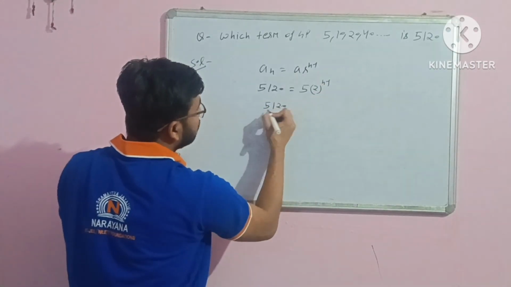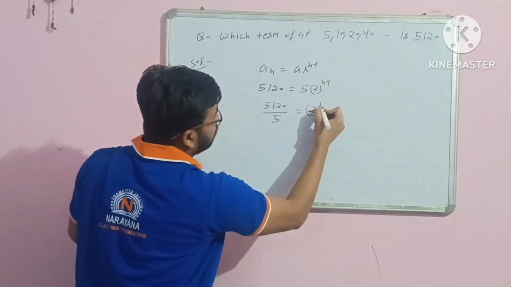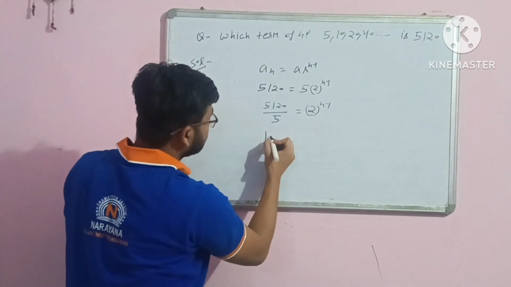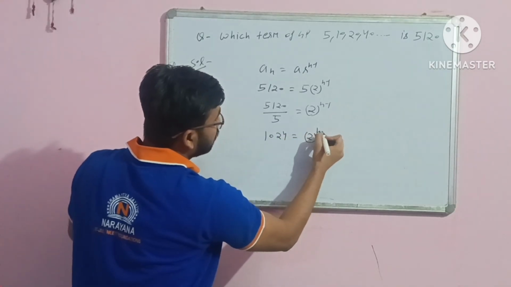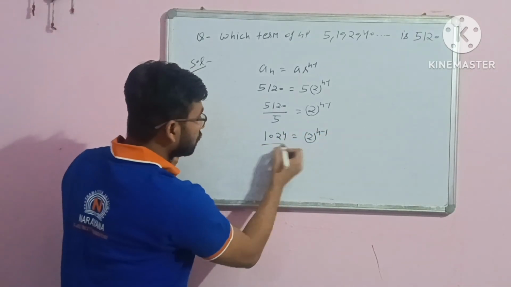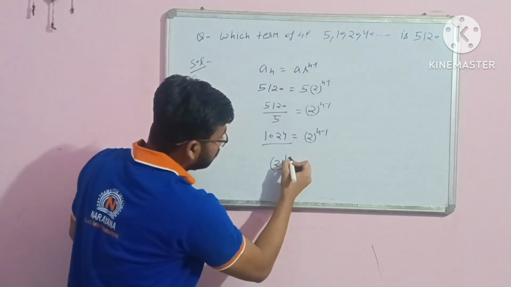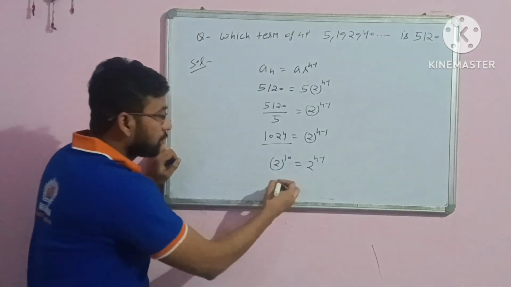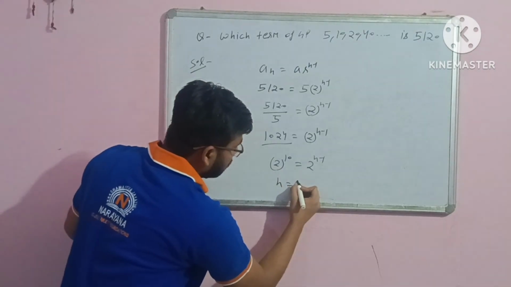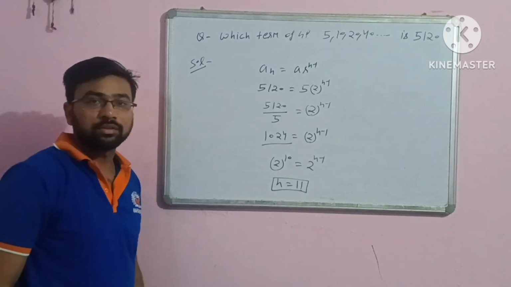If we divide both sides by 5, we get 1024 equal to 2 to the power n minus 1. We know that 1024 is equal to 2 to the power 10. After comparing the powers, we get n is equal to 11. So this is the answer of this question.